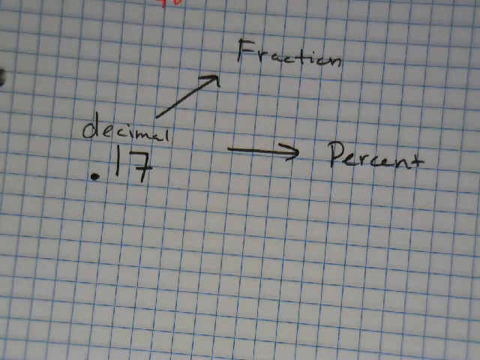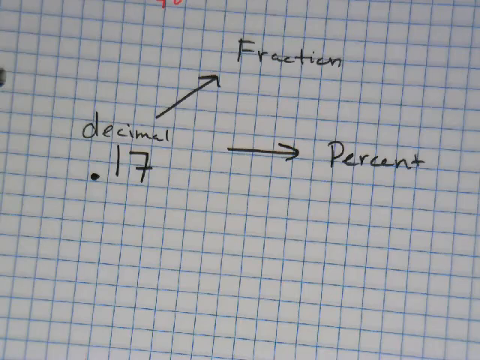How would you go from a decimal to a percent and a fraction, which should be easier because there's no dividing now. Yay, there's no dividing. How would I convert decimal 0.17? What are my answers?